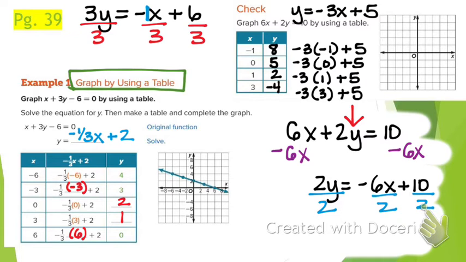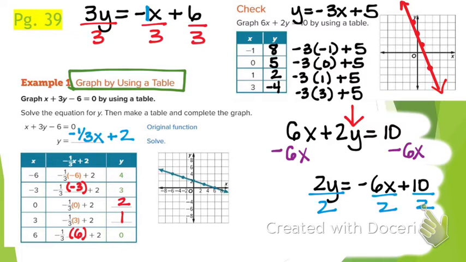So 2, 4, 6, 8. That would be about here. Then 0 up 5. So 2, 4, 5. And at 1, 2. And then at 3, 4. So something like this. And when you connect your points, you get a graph that looks similar to that.